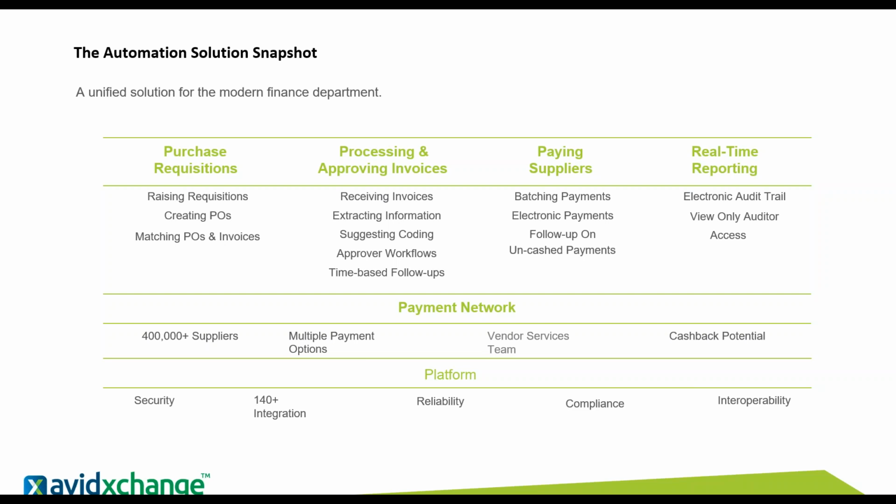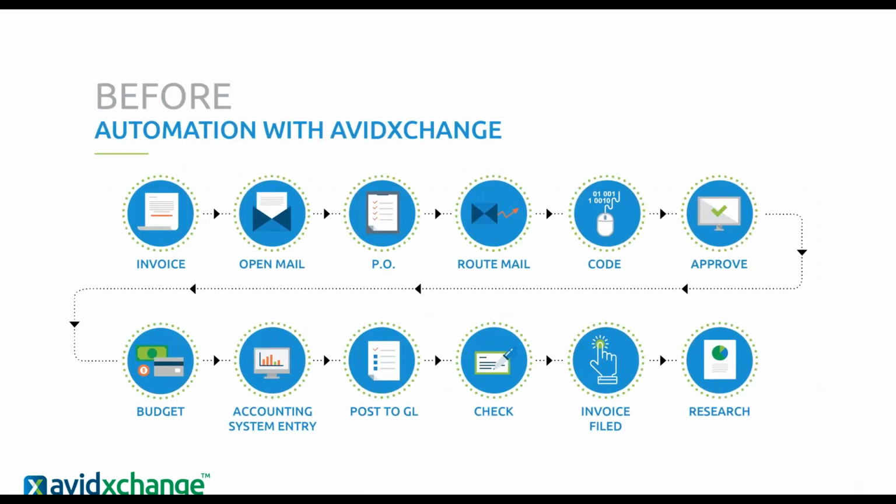Avid Exchange works with a supplier chain of over 400,000 suppliers in the network, and they offer multiple payment options, and they have a dedicated vendor service team to help you with your payment process and to make sure that the payments are correctly sent to your bank, they're finalized, and that your suppliers are receiving the payments that they need.